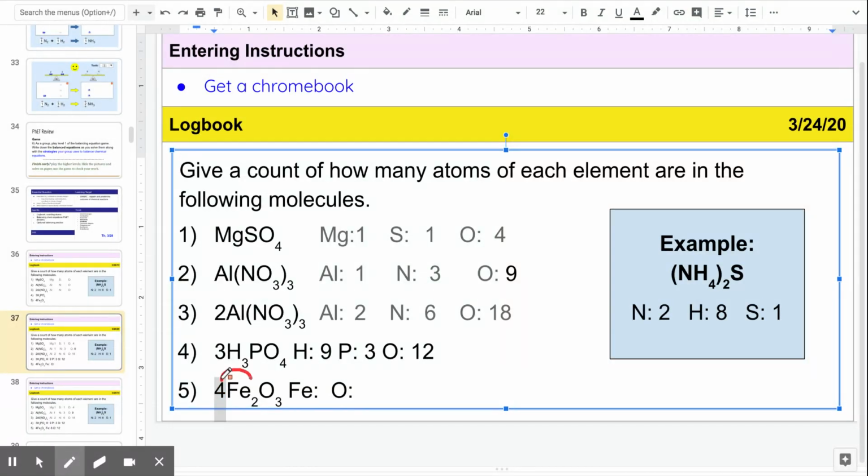So I'm going to need to multiply 4 times my Fe2 and 4 times my O3. So my iron count, each molecule had 2 irons. I have 4 molecules, so 4 times 2 is 8. And my oxygen, each molecule had 3 oxygens times 4 molecules, so 3 times 4 is 12.